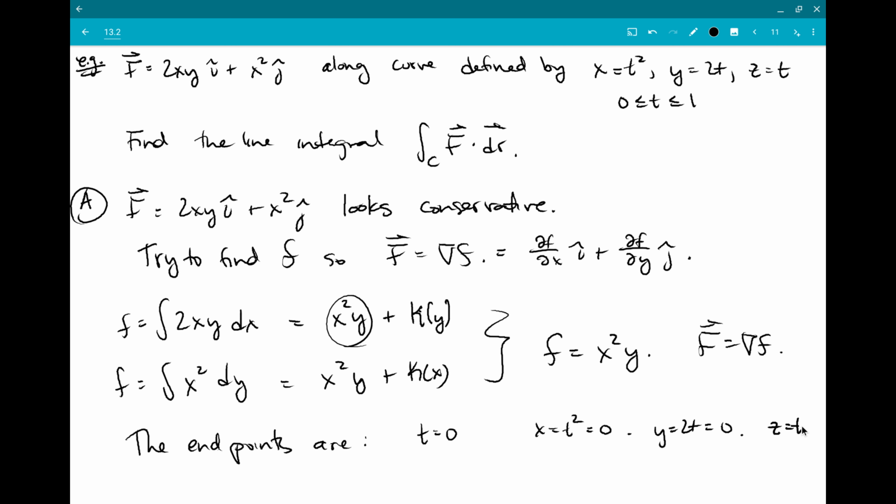And z is equal to t is equal to 0. So that endpoint has 0, 0, 0. Okay, and then at t equal to 1, I'm going to get x is equal to t squared is equal to 1. y is equal to 2t is equal to 2. And z is equal to t is equal to 1.